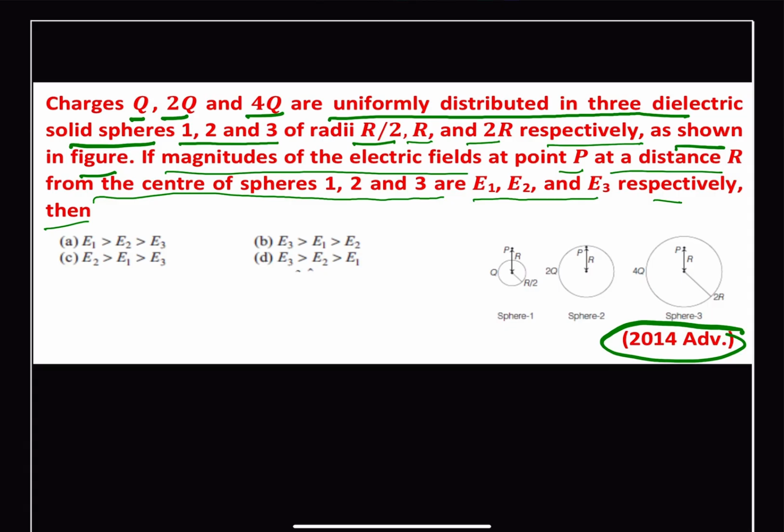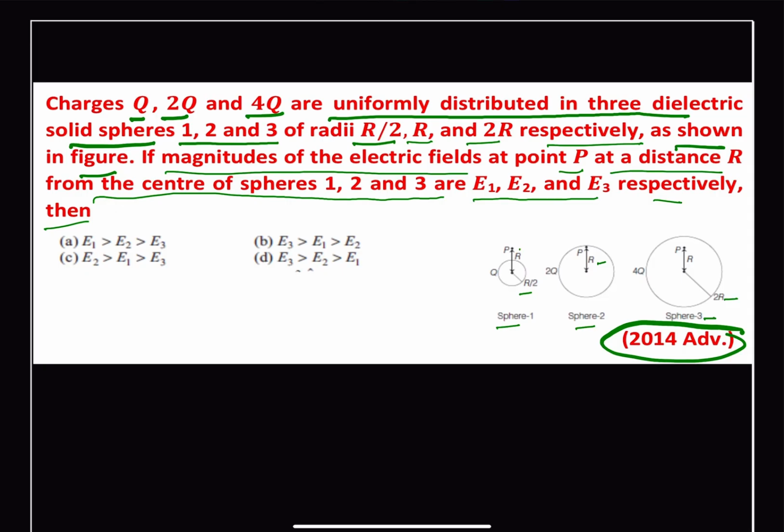And here we are given three spheres, sphere 1, 2 and 3. The radius for sphere 1 is r by 2, for sphere 2 it is r, and for sphere 3 it is 2r. Point P is equidistant from the center. It means point P is at a distance of r from the center in all the cases.